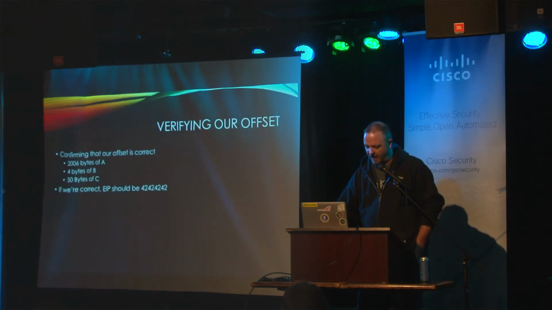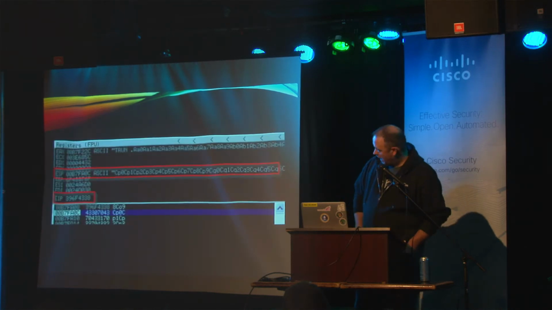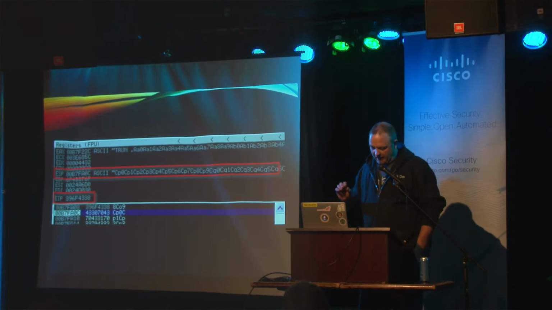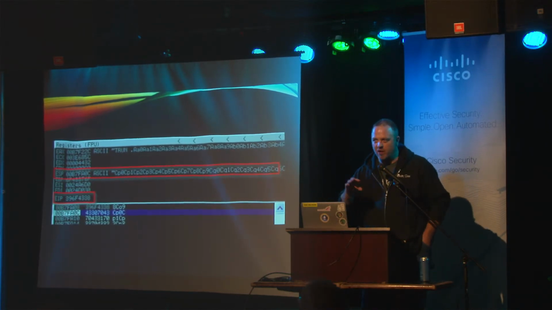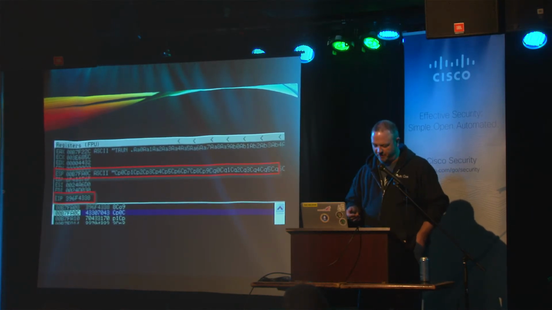I want to back up. I forgot to point something out to you. This is what it looked like when we looked at 396F4338. Since we know that what's in EIP is the hex representation of ASCII characters, 39 is a 9 and 38 is an 8.